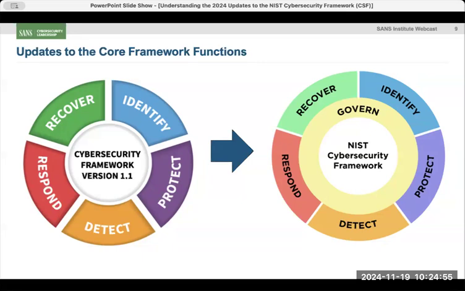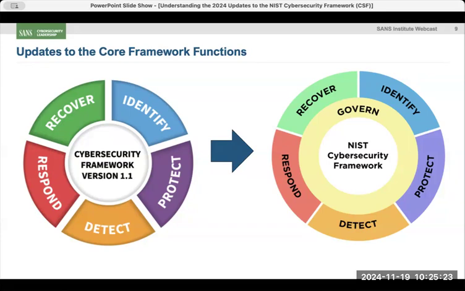And what they did at a high level here, once we start digging into the actual details, is they tried to simplify the number of safeguard requirements in version 2. Previously in version 1.1, they had all these different statements where you had governance-based statements in the protect section or governance-based sections in the detect section, et cetera.